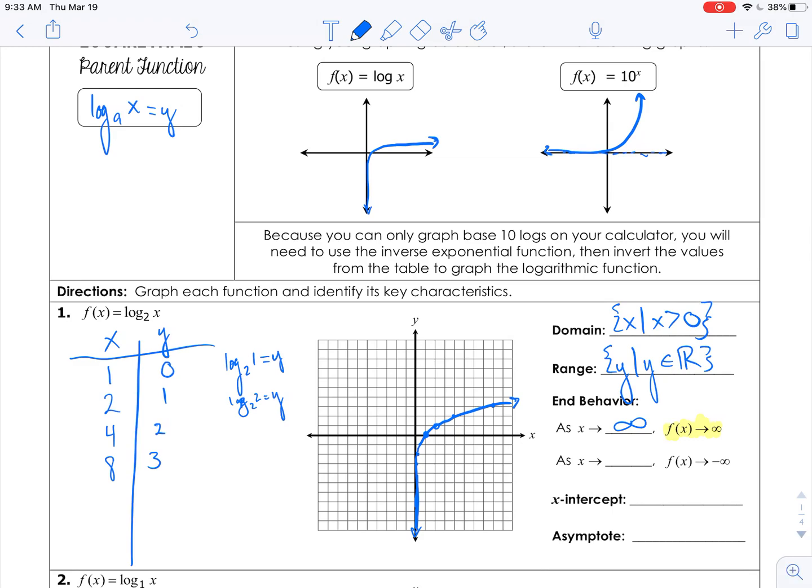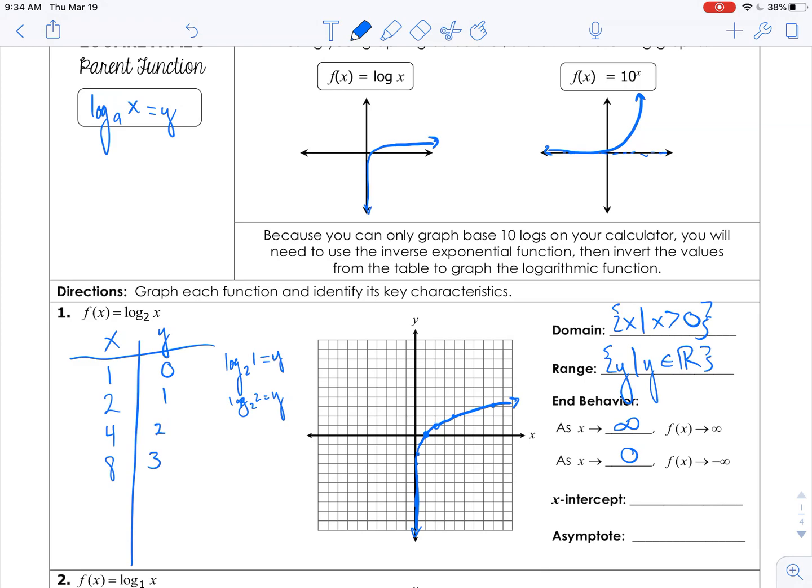And then as x approaches 0, because again, x has got to be bigger than 0, as I get closer and closer to 0, my y values are going down. So this was infinity. This was 0.